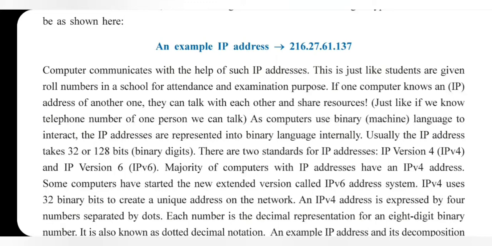An IP version 4 address is expressed by 4 numbers separated by dots. You can see here the example, written in four parts.